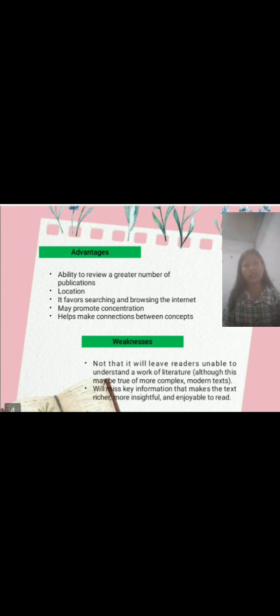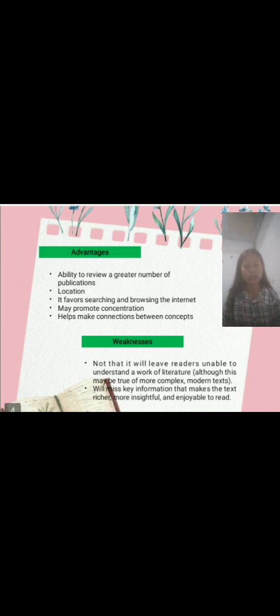Surface reading is not difficult to search because we can browse the internet or Google, so it is not difficult to find them. We also have the concentration to learn it, because surface reading takes no more time to learn.